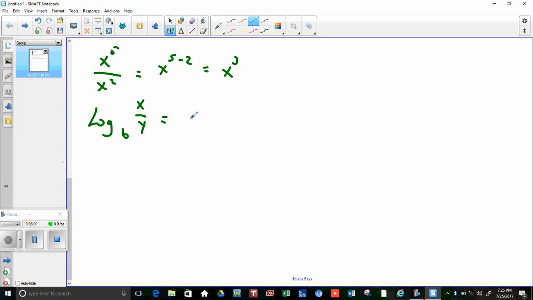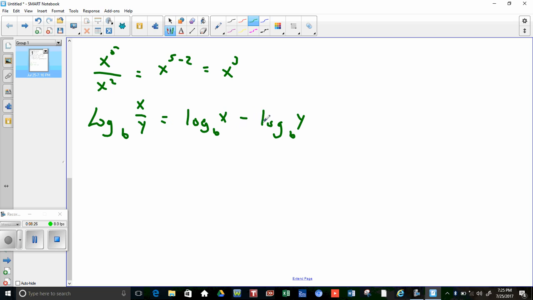So that would be the log of x base b minus the log of y base b. So anytime we have a division in the argument with the same base, we can separate these two things through subtraction. Or if you see subtraction, we can condense them into a division problem.